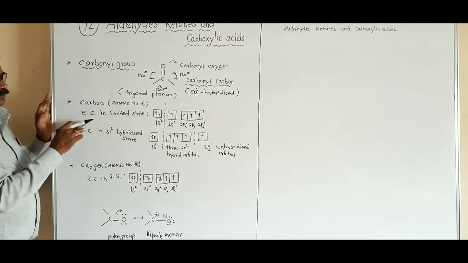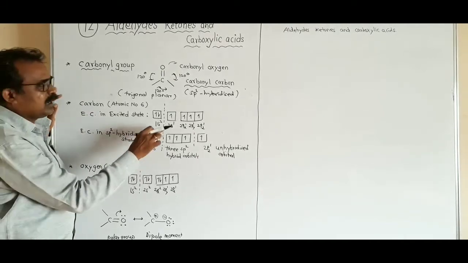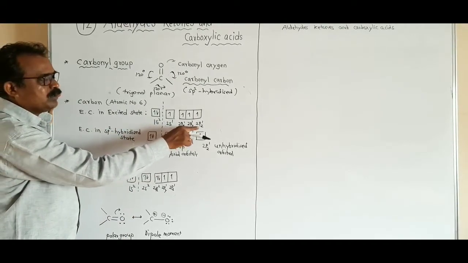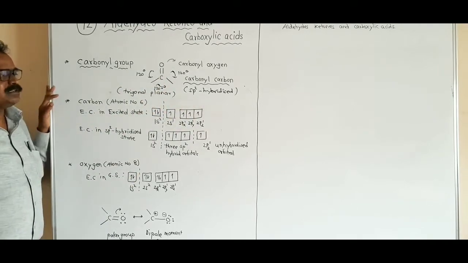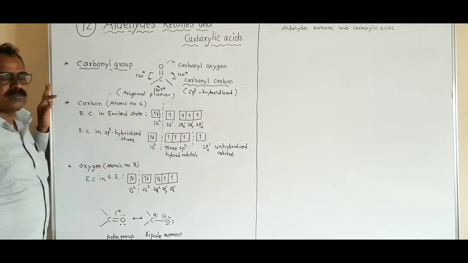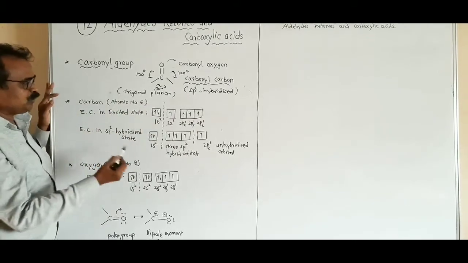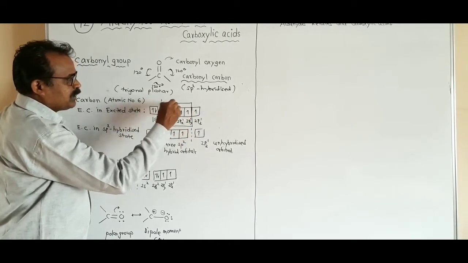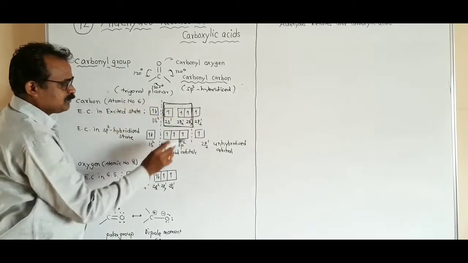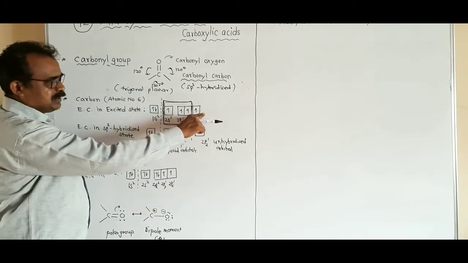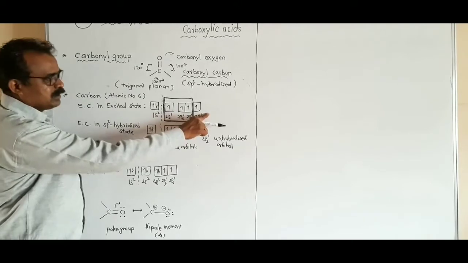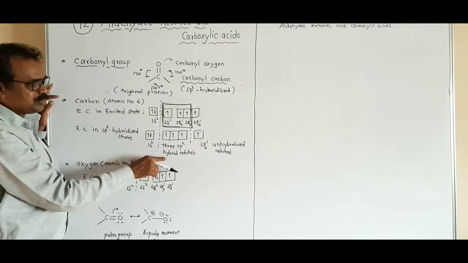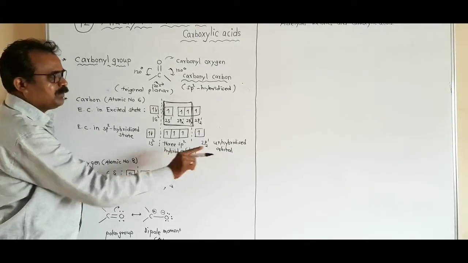In the excited state, this carbon has 4 half-filled orbitals, 2s1, 2px1, 2py1, 2pz1, to account for the tetravalency of carbon. Out of these 4 orbitals, the carbon undergoes sp2 hybridization, meaning the 2s and two 2p orbitals mix together and form 3 sp2 hybrid orbitals, while the remaining p orbital stays unhybridized. Therefore, this sp2 carbon has 3 sp2 hybrid orbitals and 1 unhybridized p orbital.